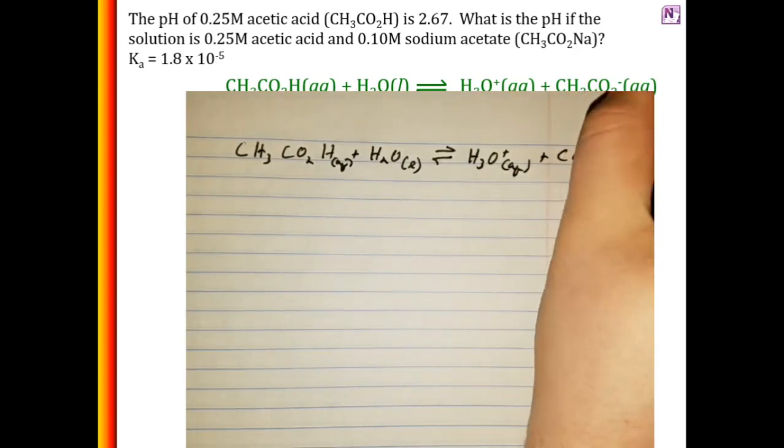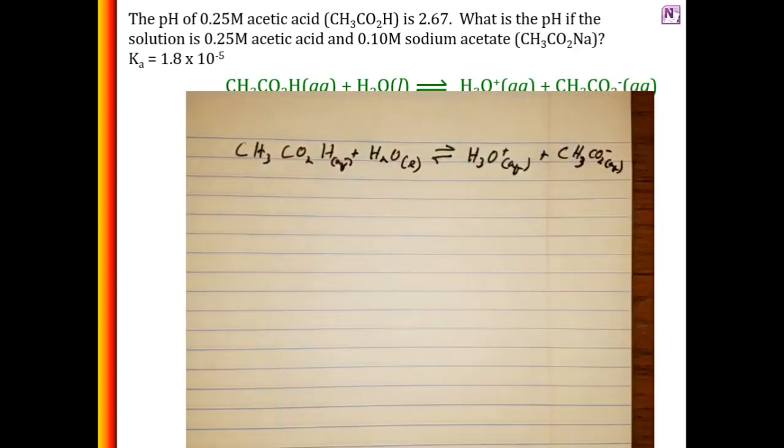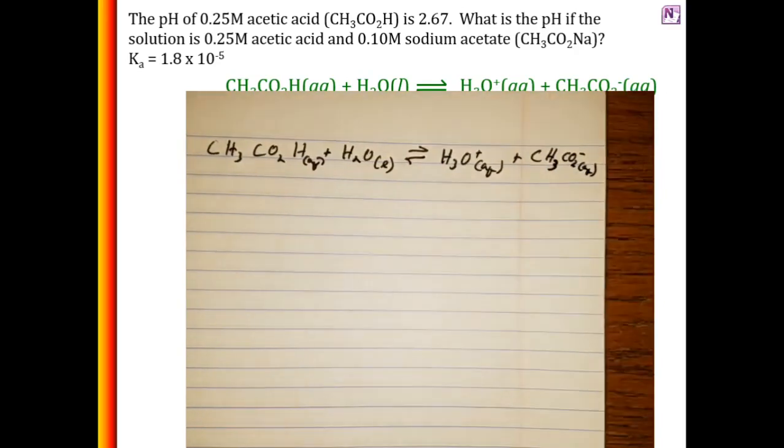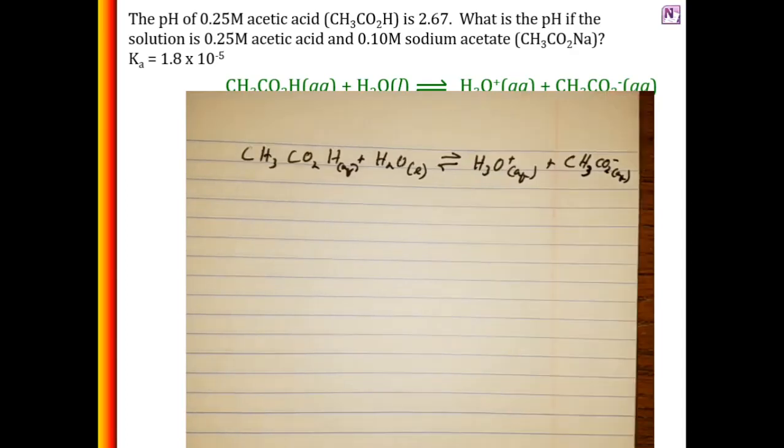Let me slide that over a little. Now the question is asking us to calculate the pH of the solution that's made up by adding acetic acid and sodium acetate, which is just an acetate ion source.